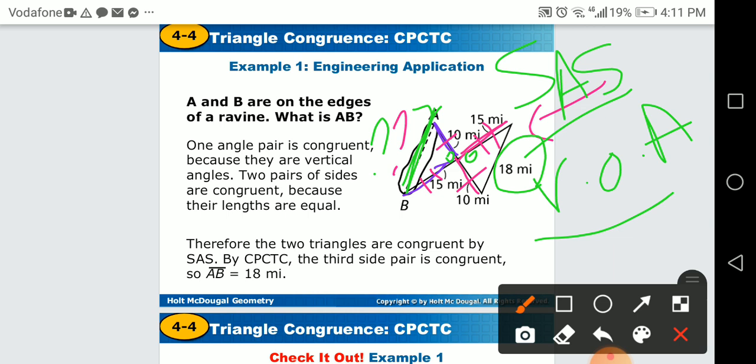Why? Because the two triangles are congruent by using SAS. What's SAS? Two sides and one angle. So by CPCTC, the third side pair is congruent. So AB is congruent to this 18.